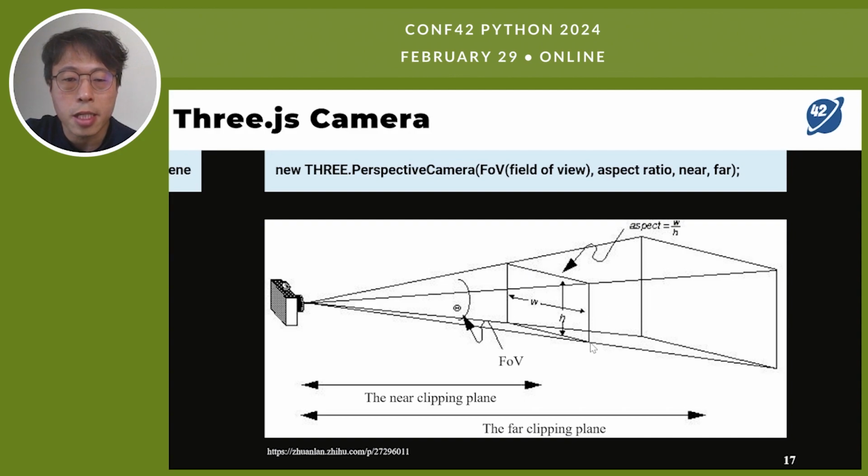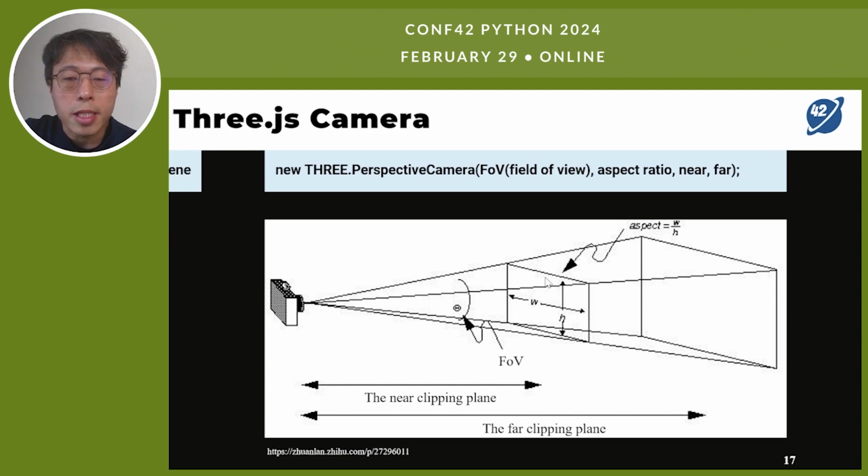One is the near clip plane, the other one is the far clip plane. So only objects between the near clip plane and the far clip plane can be seen and displayed on our web page. Later, we will talk about more details in later slides.